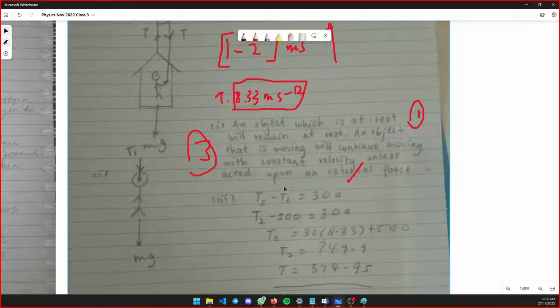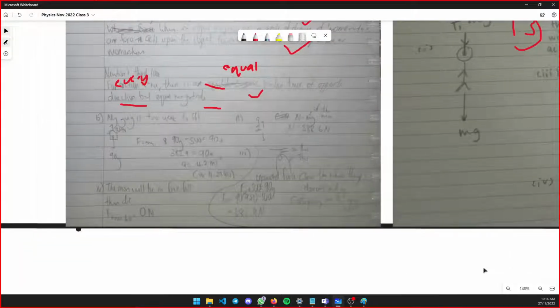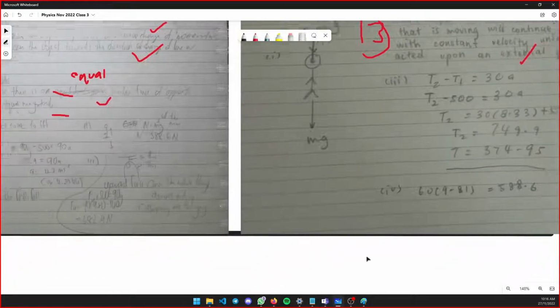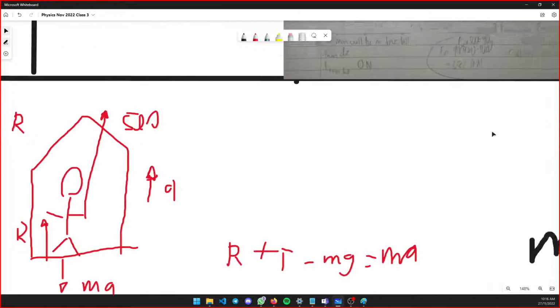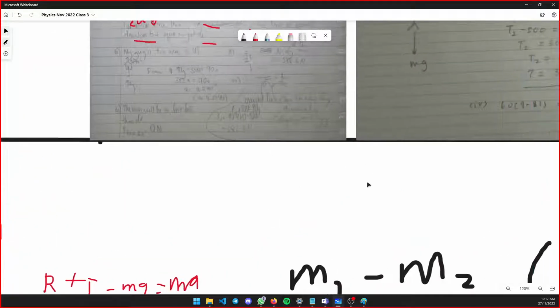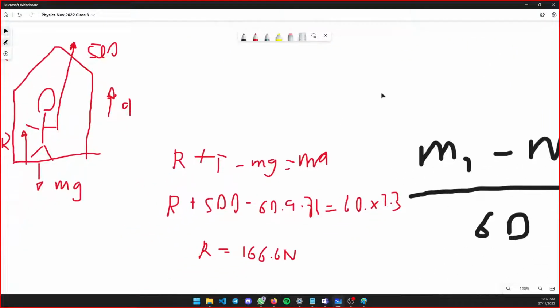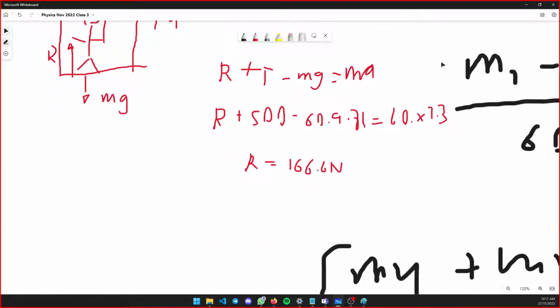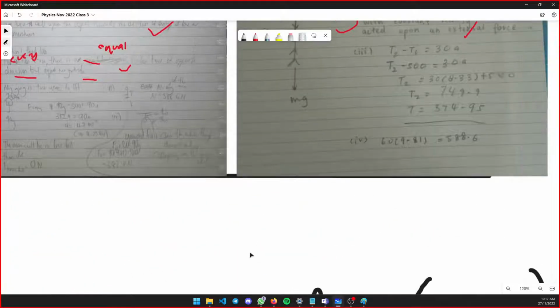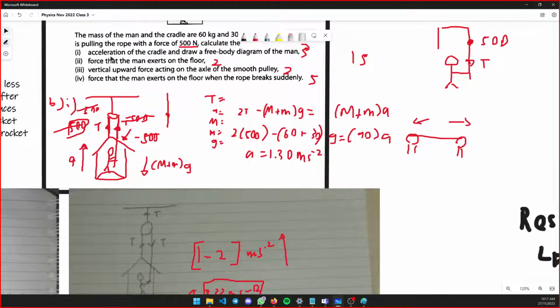T2 minus T1 equals T. Both of you got the same answer. I'll have a look later on this too, because this is the answer I have, and I also tried it. For the sake of the class, I'll finish this first, then I'll look through this one.